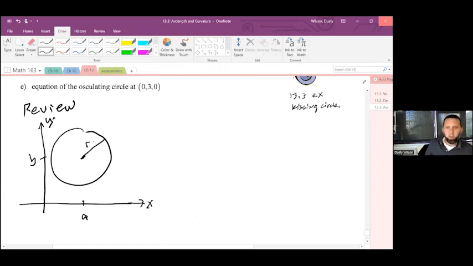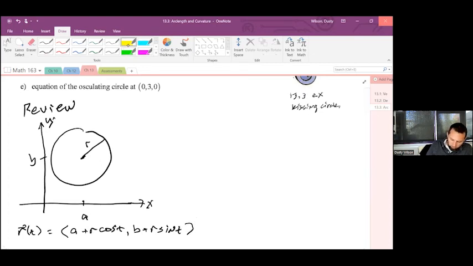Then you could parametrically represent this circle with r of t equals (a plus r cosine t, b plus r sine t).